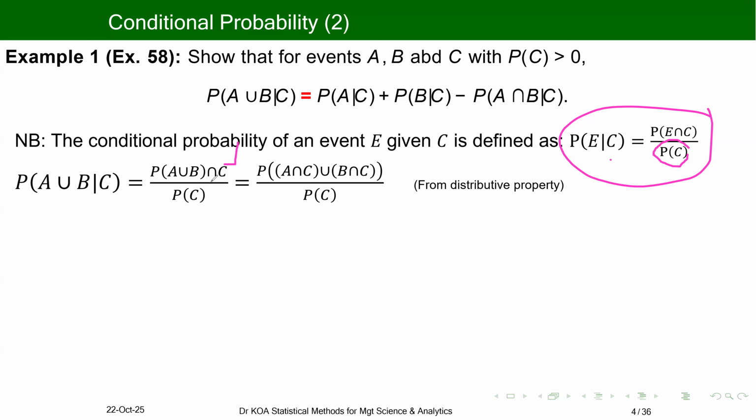Now you can split them, because if you look at the top part, A union B separates its intersection with C. And because it is its intersection with C, we can now take this A here, its intersection with C, and this B here, its intersection with C, and then we can unionize the two of them.